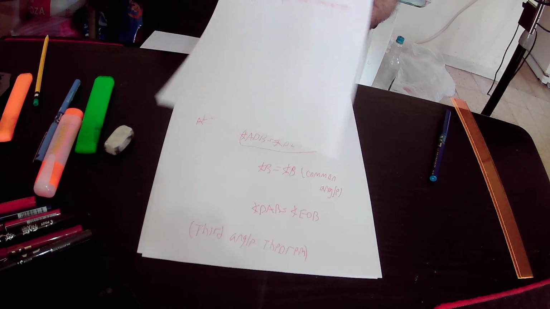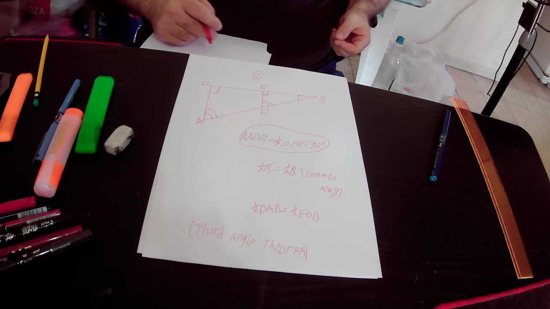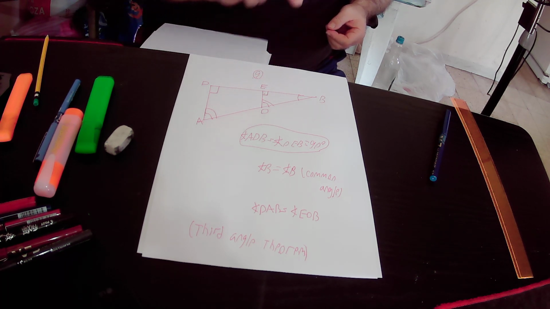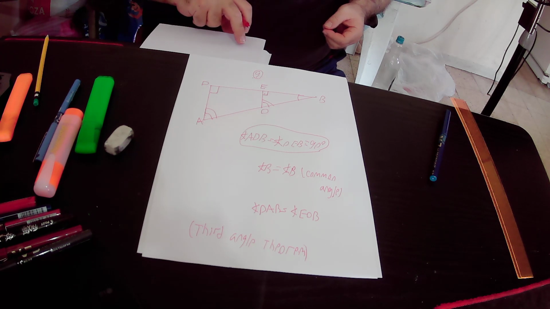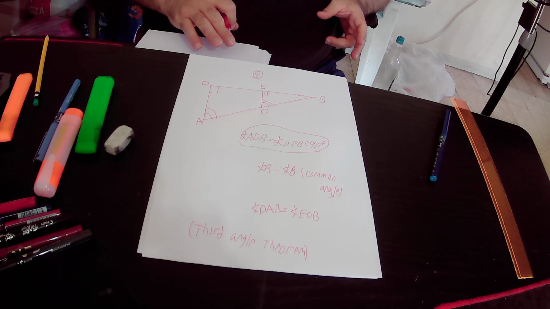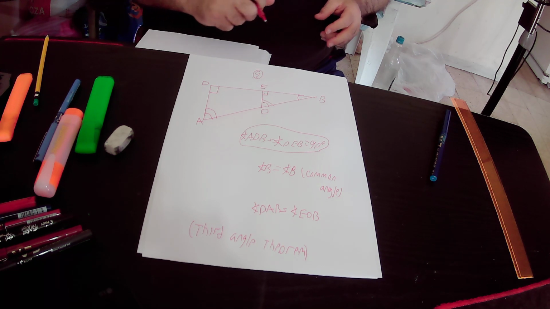So from the fact that those two triangles, triangle ADB and triangle EOB, are similar to each other, the following relationship exists between the sides of those two similar triangles.